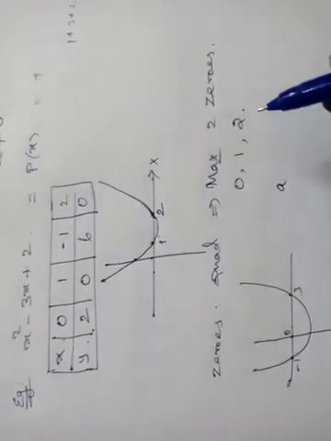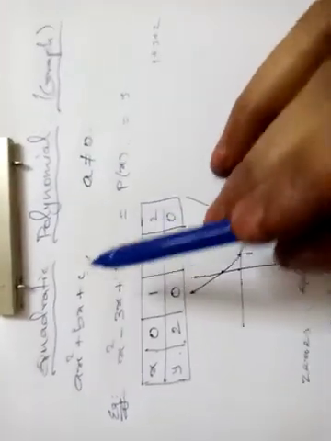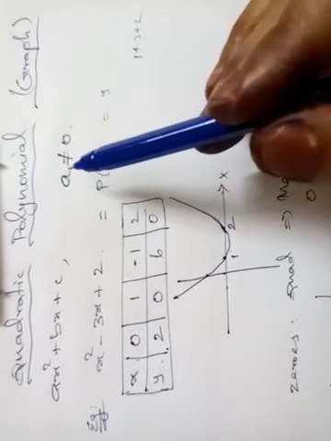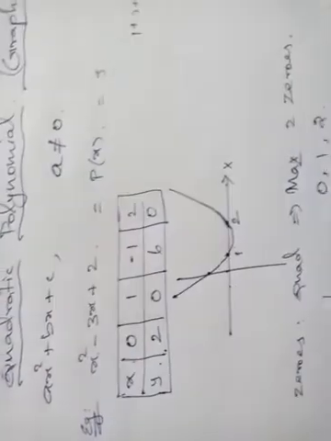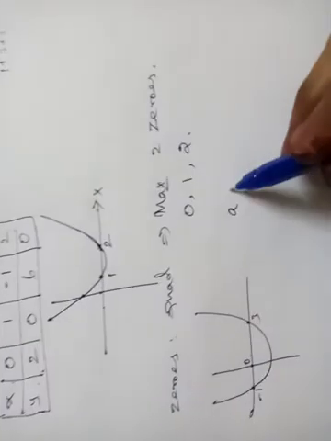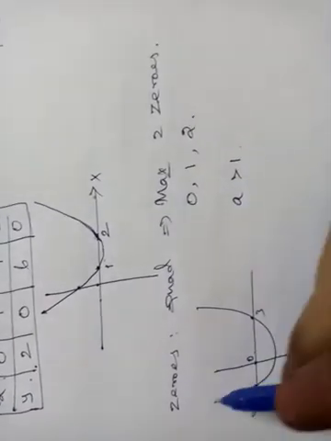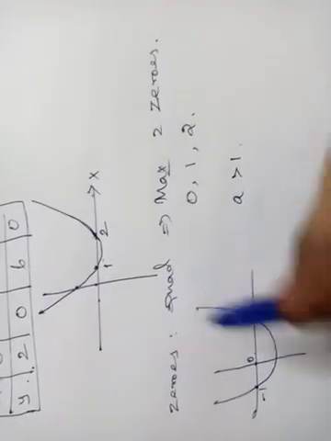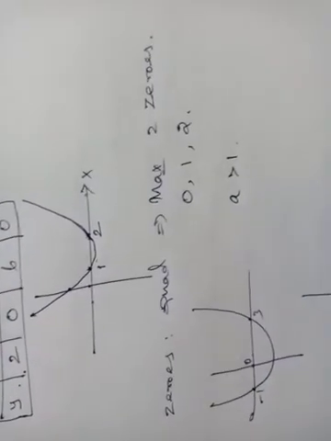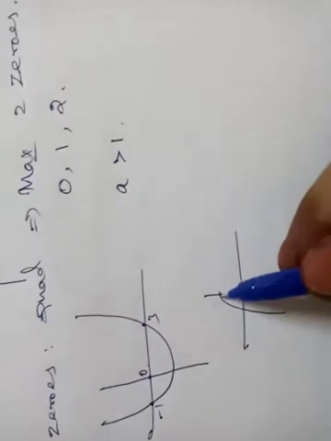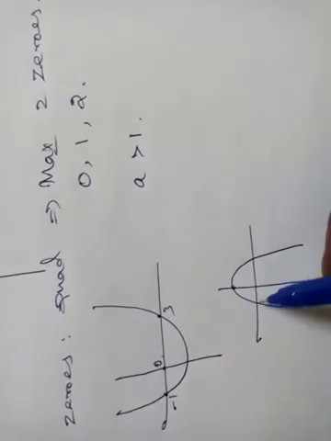Here in the beginning itself we said a is not equal to 0. So definitely it will be a positive number or a negative number, right? So if a is positive, that is a is greater than 0, this parabola opens upwards. If it opens downwards, see here for example, this graph is like this.